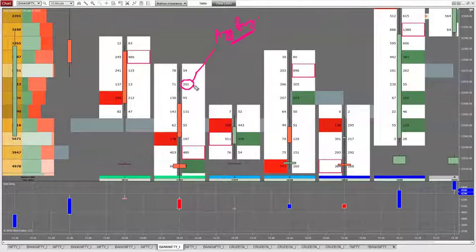Now tell me, when this aggressive buy order was being executed, how many lots were sold here? Perfect. 201. And what was the order type for those 201 lots? Perfect. Passive selling or limit selling?